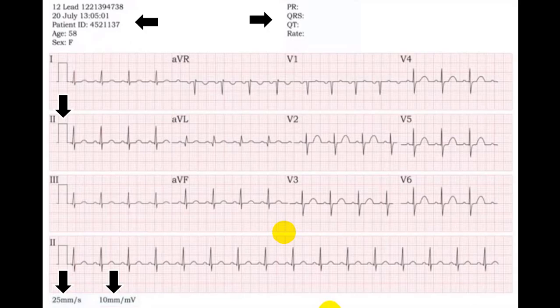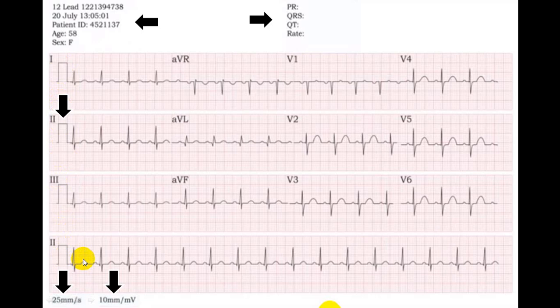Now in this ECG, you can see that there is nice labeling. Date, time, patient ID number, age, sex, everything is mentioned. You can also see the standardization, what we call the voltage, has been standardized before each lead.